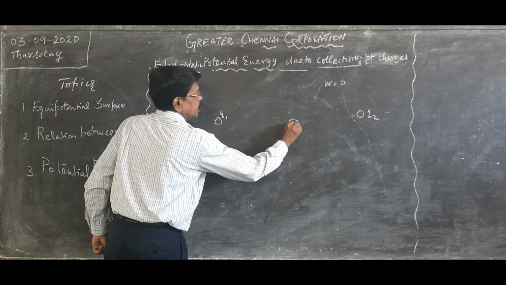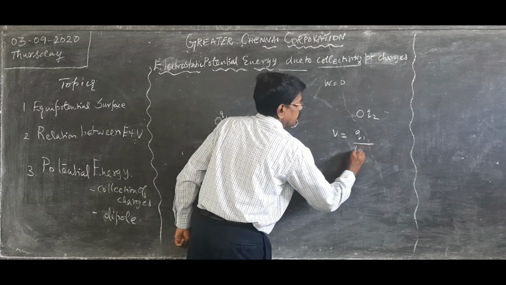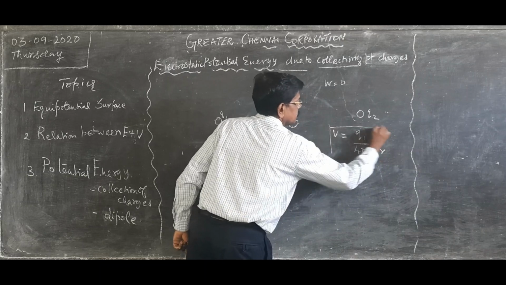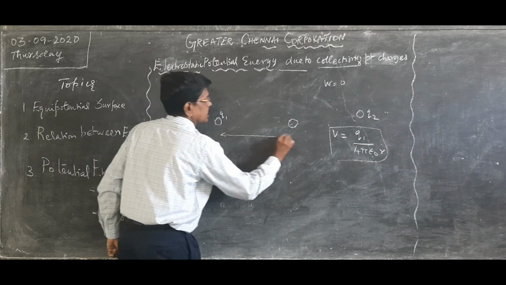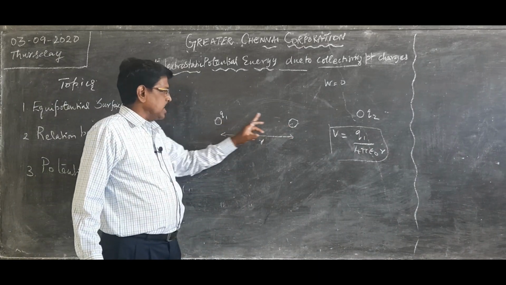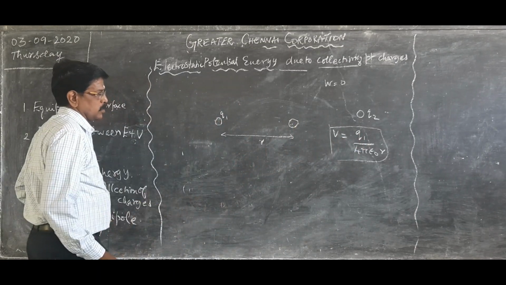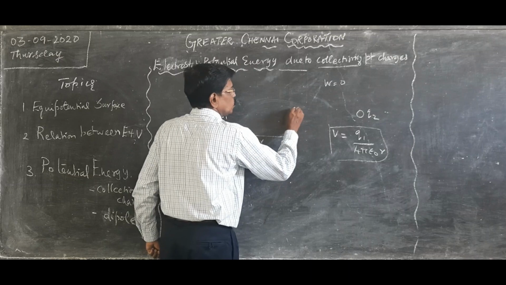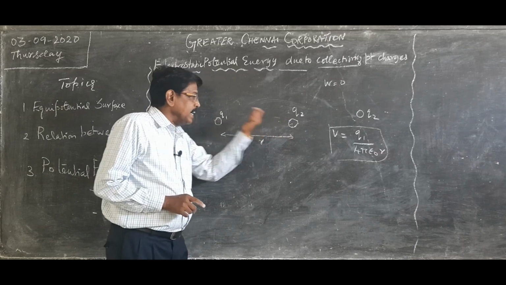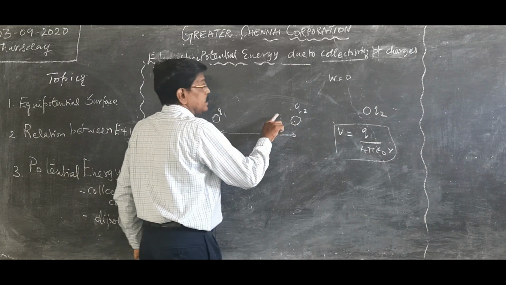at this point. At this point the potential is V equal to Q1 by 4 pi epsilon 0 R, if I assume this distance is R. If I bring the charge Q2 here, there should be work done against the repulsive force due to the electric field of Q1.